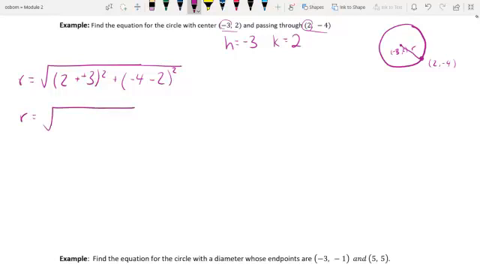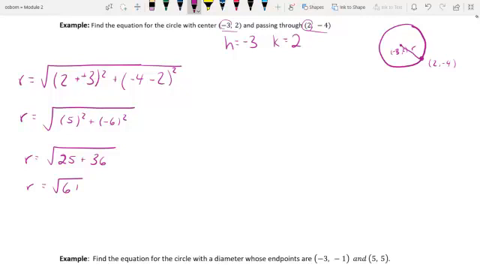So that gives me the square root of 5² plus (-6)². So r is equal to the square root of 25 plus 36, so r is equal to the square root of 61.